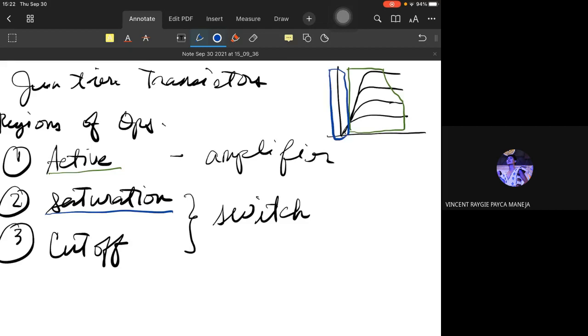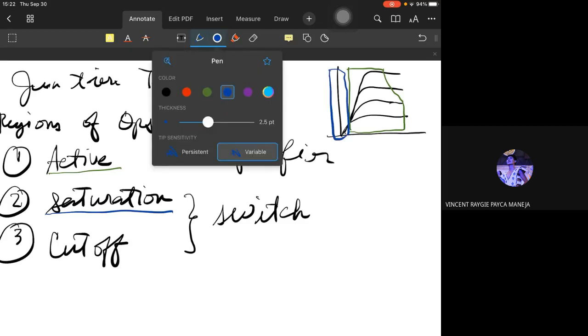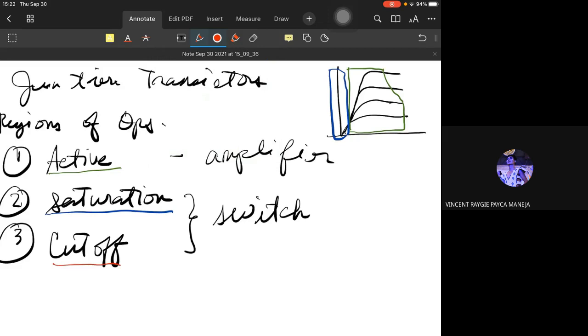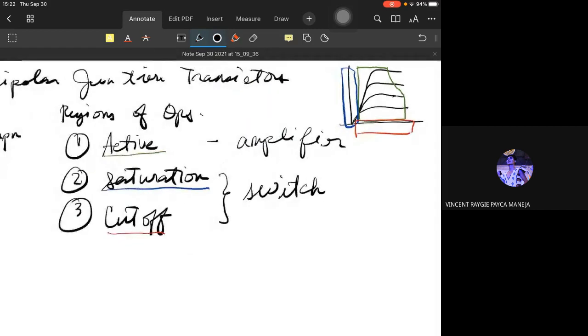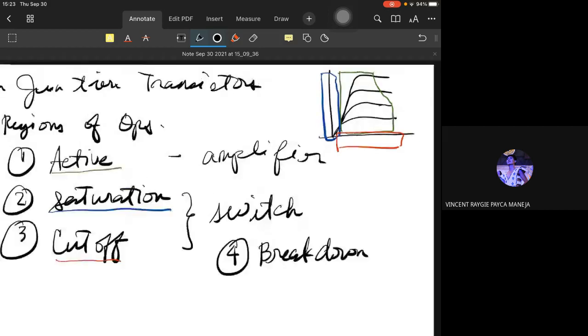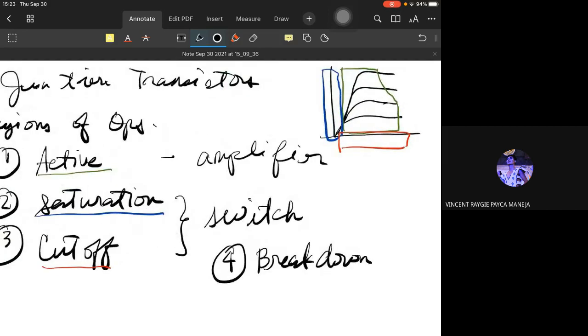This region. Cutoff region. Opposite. Voltage is high. Current is low. And any other regions outside these 3 is informally, no, we call that one the breakdown region.